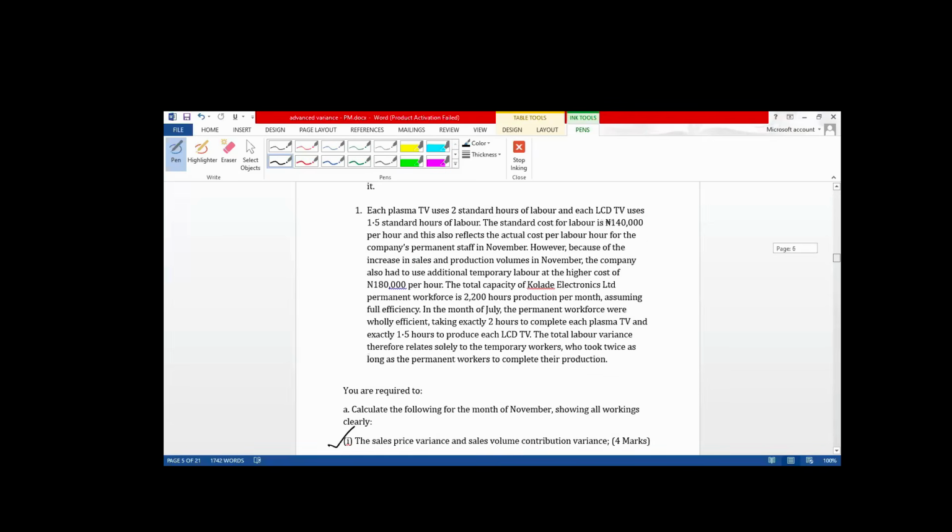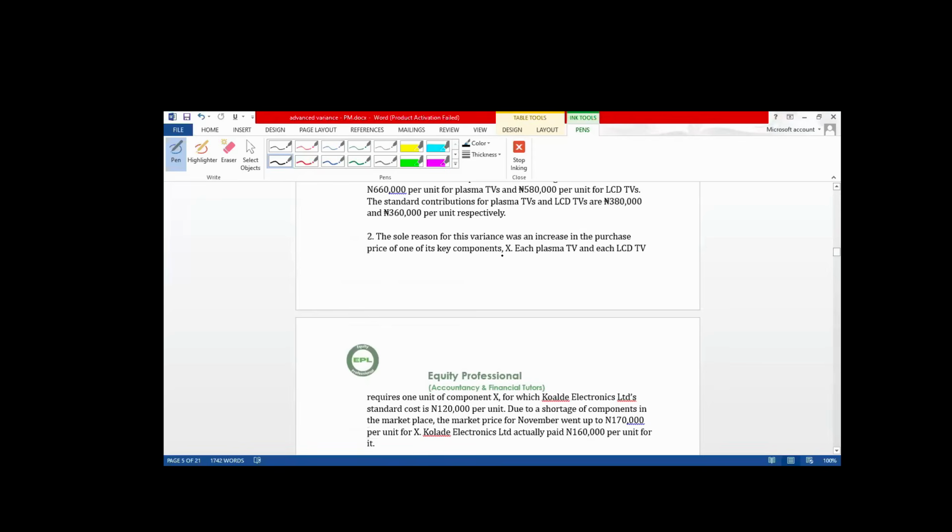Examiner says the sole reason for this variance was an increase in the purchase price of one of its key components, X. Each plasma TV and each LCD TV requires 1 unit of component X. So to manufacture 1 plasma, I require 1 unit of material X. To manufacture LCD, I require 1 unit.